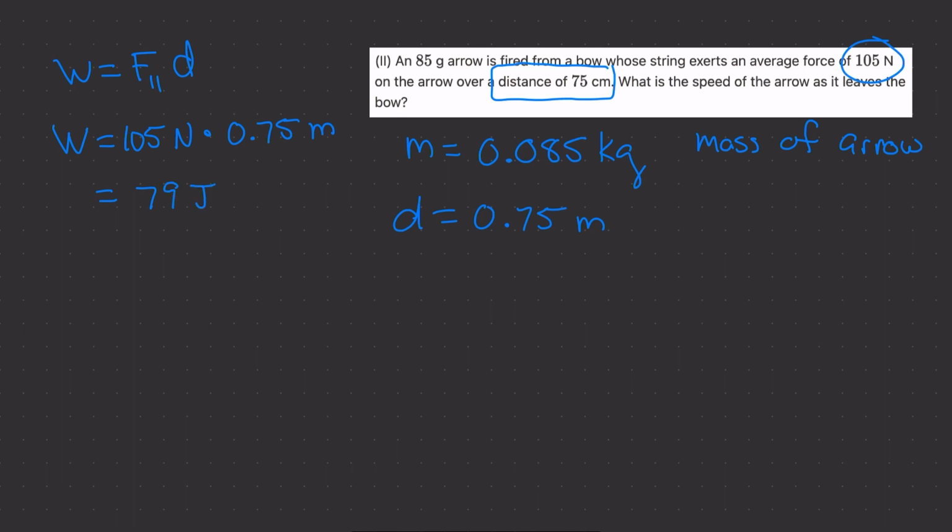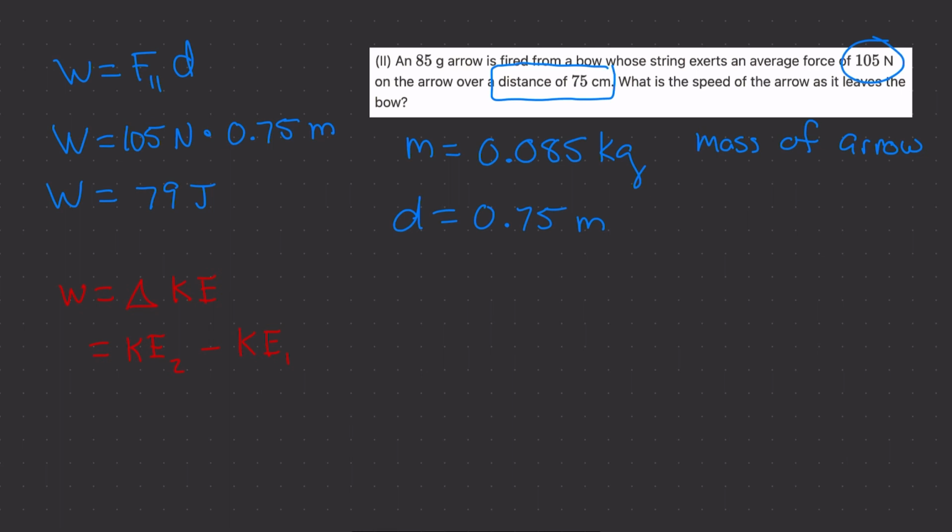All right. So the amount of work that the bowstring did on the arrow was about 79 joules of work. And if we take this information and we recall the work energy principle, the work energy principle, of course, being that work is equal to the change in an object's kinetic energy. When I say change in kinetic energy, I mean its final kinetic energy minus its initial kinetic energy.